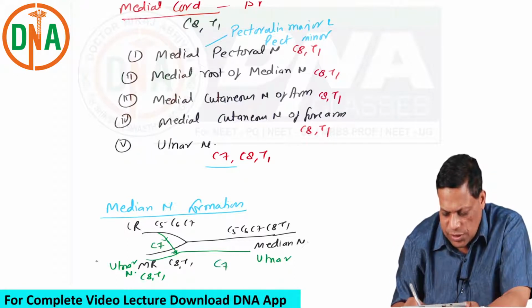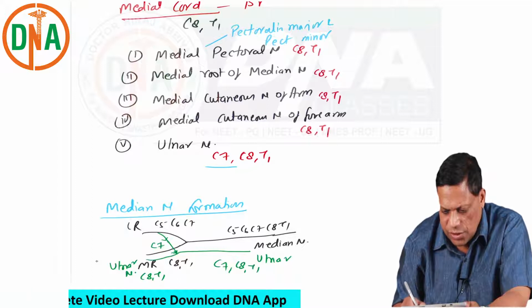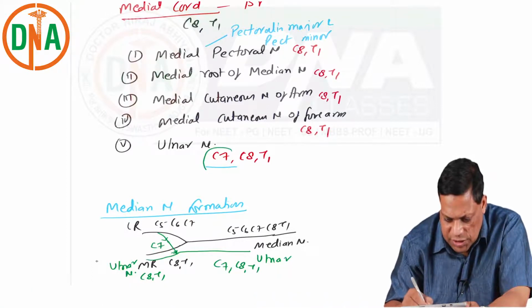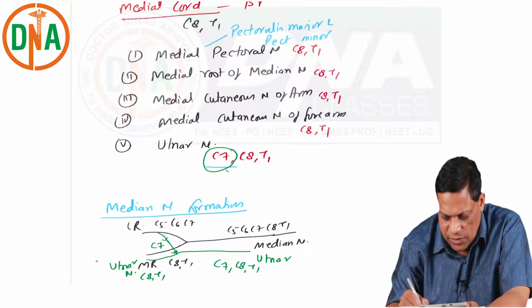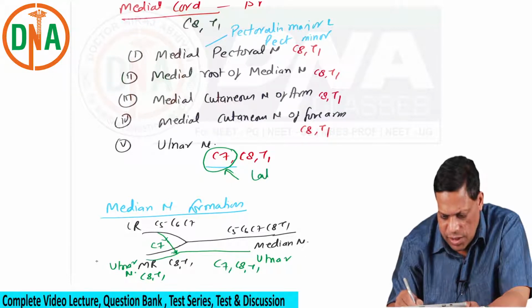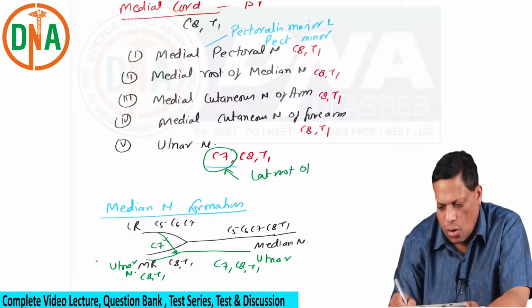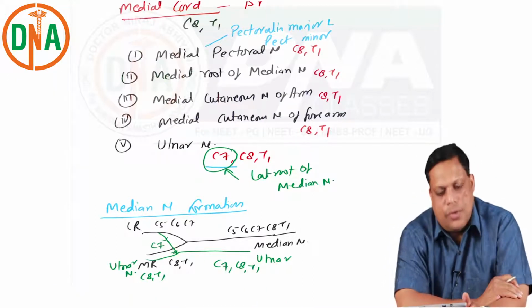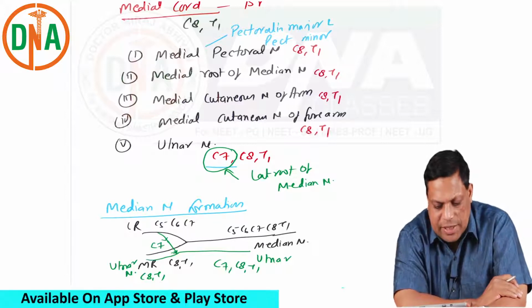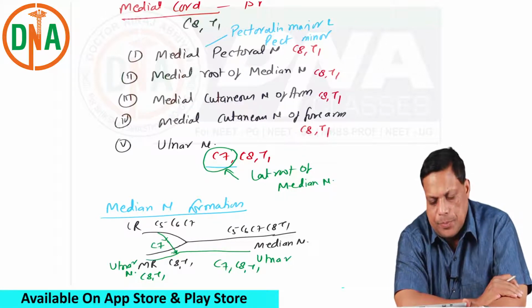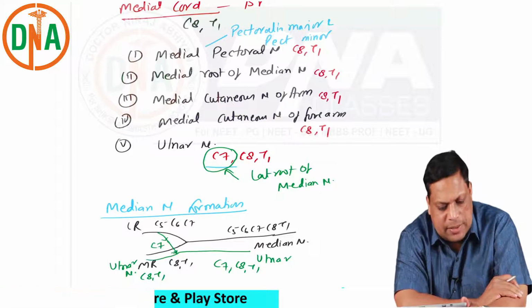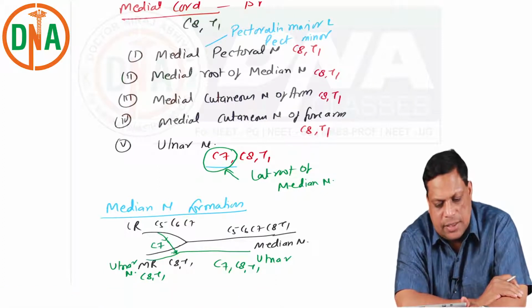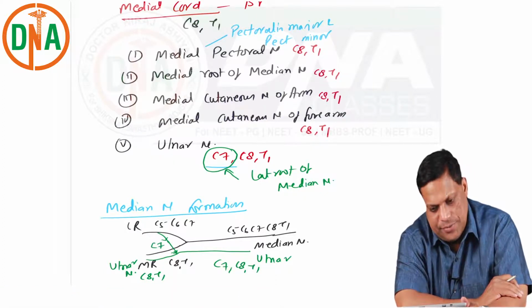It becomes C7, C8, T1. So what is the source of C7 fibers in the ulnar nerve? They are coming from the lateral root of median nerve. Now what muscles are supplied by the ulnar nerve? Ulnar nerve supplies the muscles of the forearm and hand.